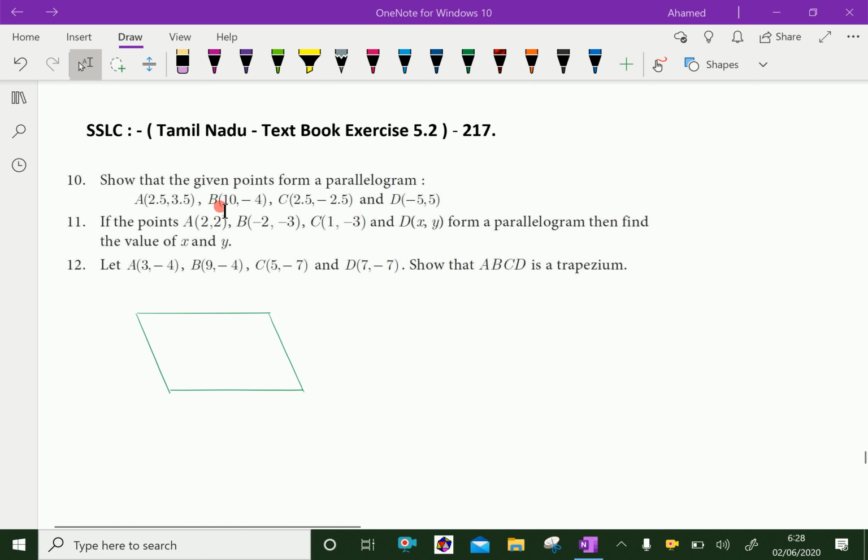Show that the given points form a parallelogram. A, B, C, D is given. Now, let us put the points in the figure.